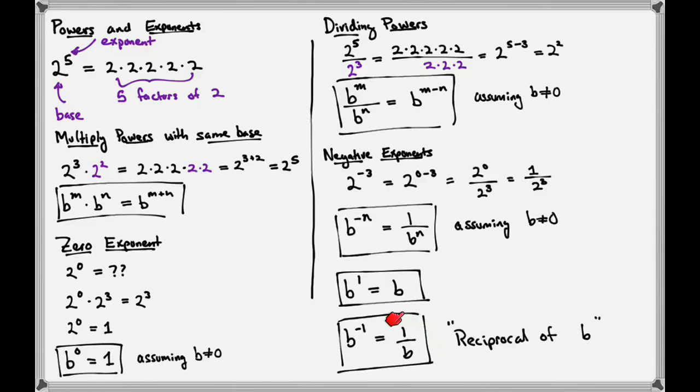Resist the temptation to call this the inverse of b. There are many kinds of inverses in mathematics. If you want to call it the inverse, it's really the multiplicative inverse, the inverse with respect to multiplication of real numbers. But I would rather prefer you to call it the reciprocal of that number to avoid any confusion about what you might mean by inverse.